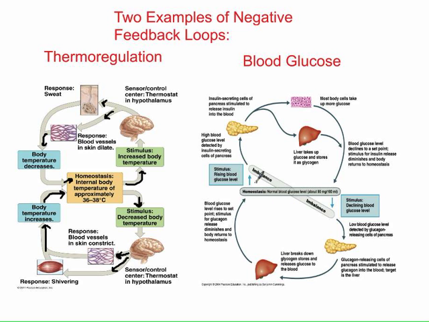If this system fails, for example, the pancreas can't release insulin the way it's supposed to, the pancreatic cells are not functioning the way they're supposed to, that results in diabetes, and that's very important.